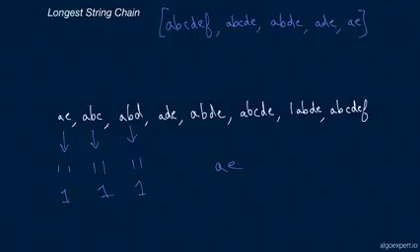Okay, well, wait a second. There's one word here. AE is in our hash table and in our list. So therefore, ADE is part of a string chain that points to, what's the next word after ADE? It's AE. And it's a string chain of length 2. 1 plus 1. Why 1 plus 1? Well, because AE was a string chain of length 1. And we add 1 because we now have a new word, ADE. So 1 plus 1, 2.